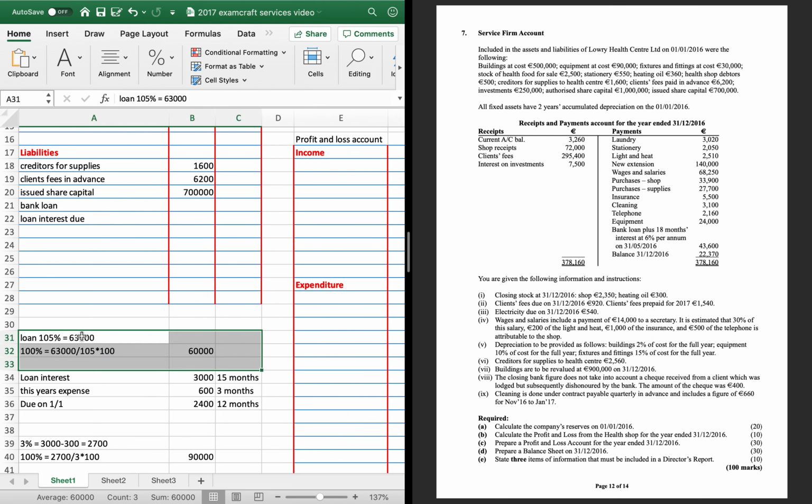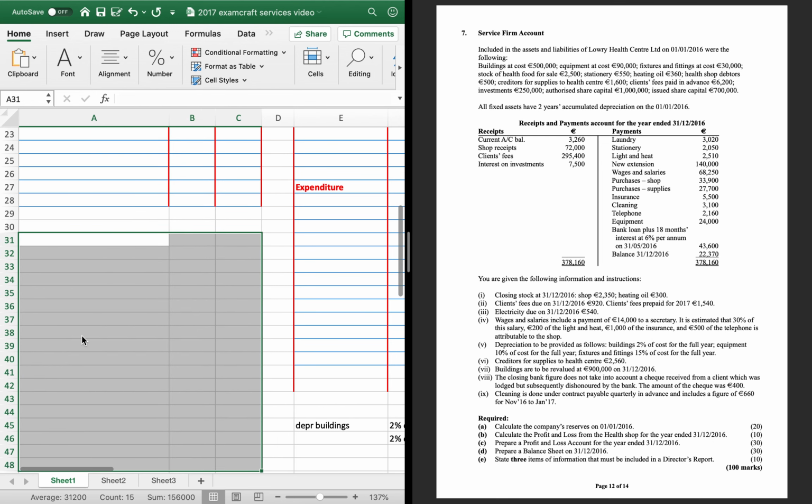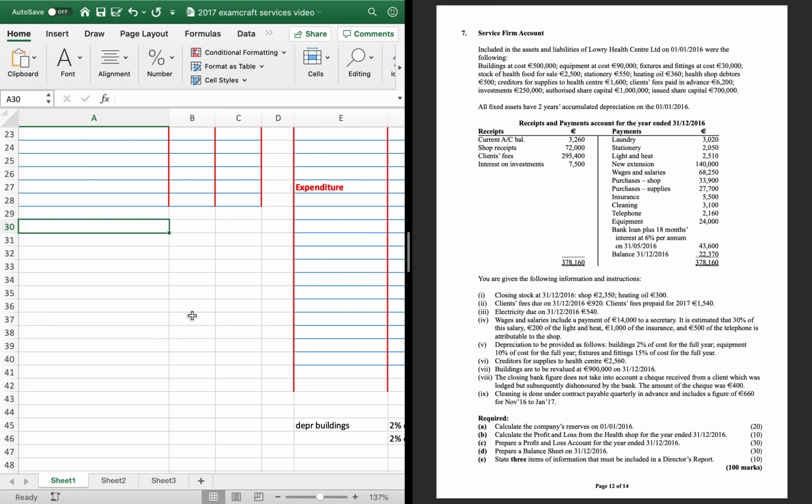So the bank loan is 100%. Just bear this in mind, right? The bank loan is 100%. The interest is 6% for a full year. So for 18 months, it's going to be 6 by 18 twelfths in percentage terms. So that'll be 9. So in total, the bank loan and the interest is 109%.